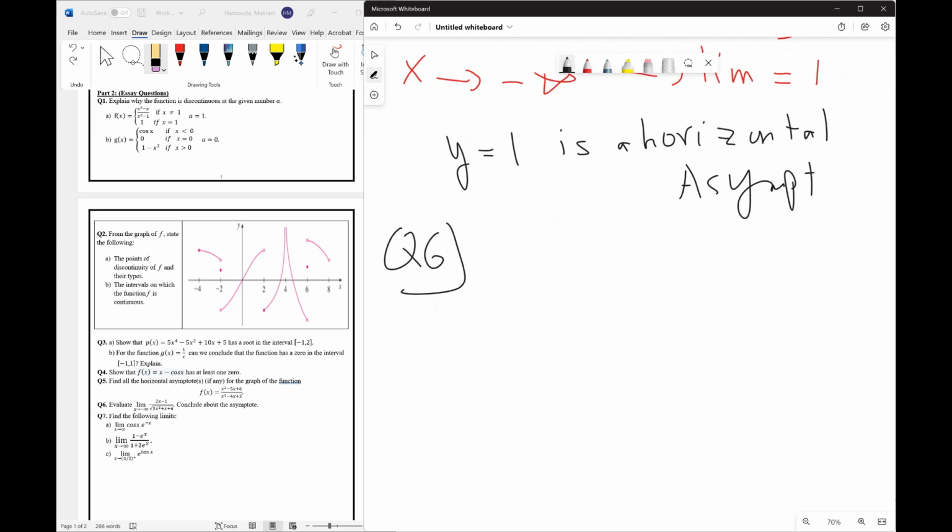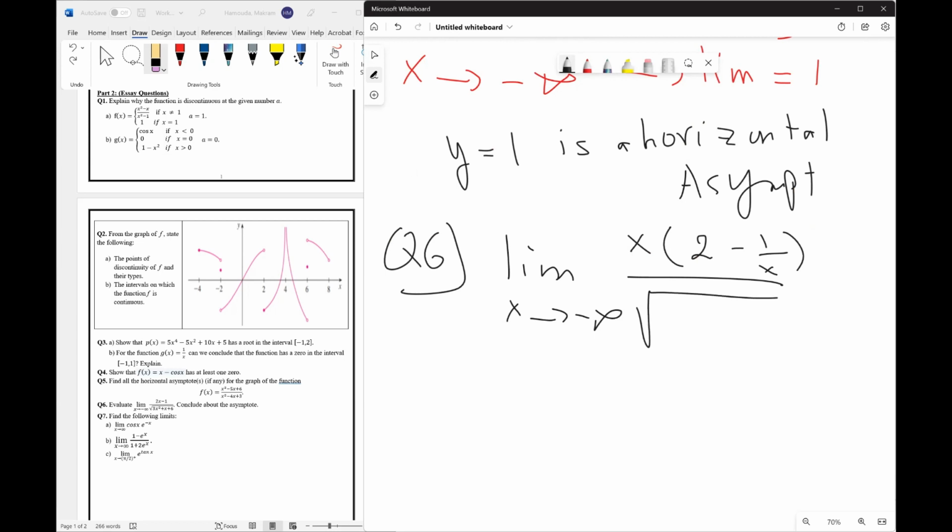As usual, for this limit I will make the common factor for the dominant term. So x factor 2 minus 1 over x. And I will do the same thing inside the square root. So x squared factor 3 plus 1 over x plus 6 over x squared.